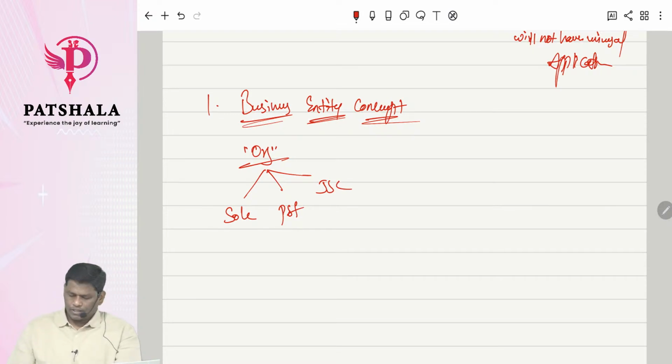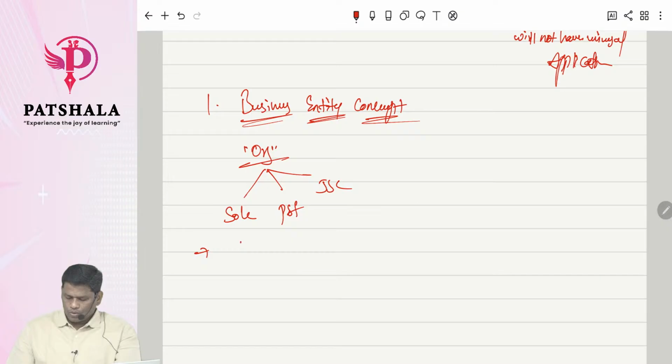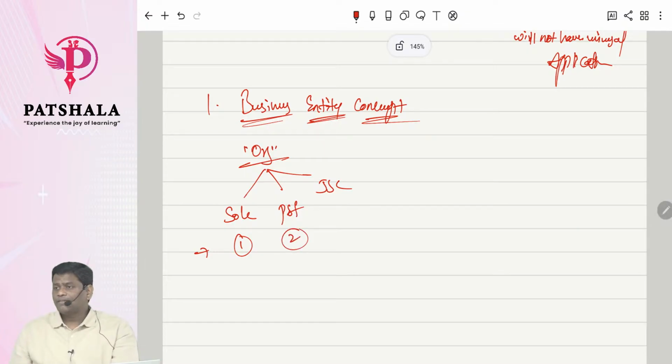In a sole proprietor, there is only one man. He is owner, he is manager, he is everything. In case of partnership, minimum you will have 2. They are owners, they are managers, they are everything. In case of joint stock company, there is a divorce between ownership and management.